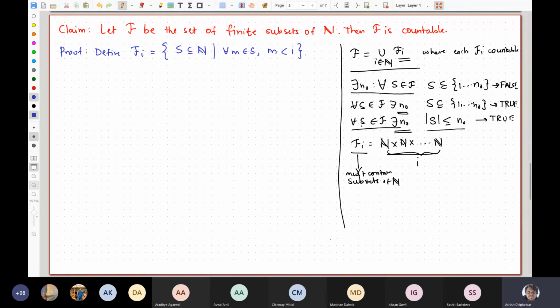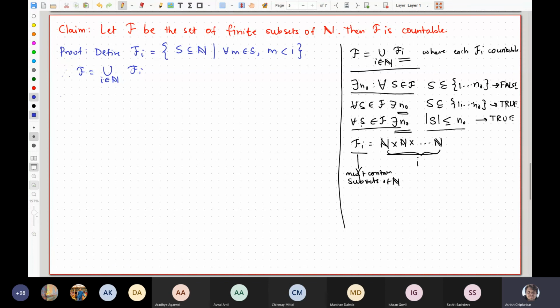So all I'm saying is that the maximum element of S must be strictly less than i. Every finite subset has a maximum element, so every finite subset is going to belong to some Fi. Therefore F is the union over i in N of the Fi's. So this is a countable union.